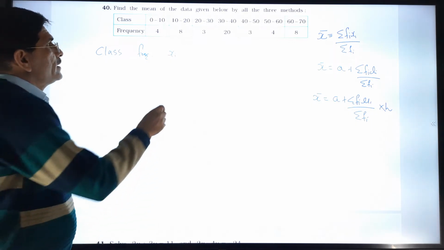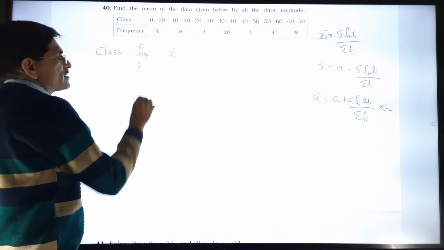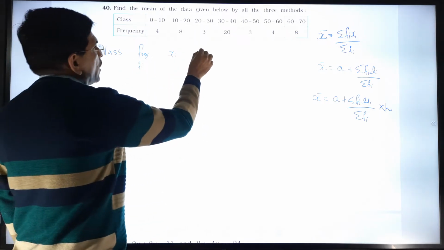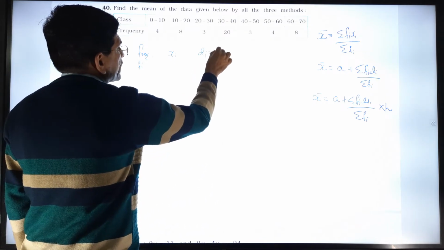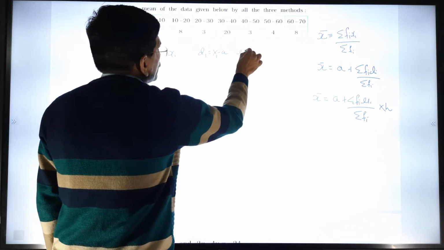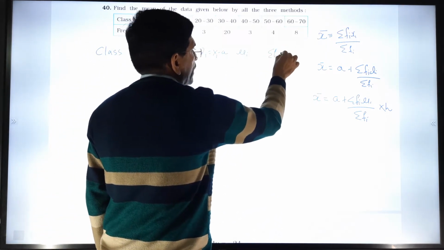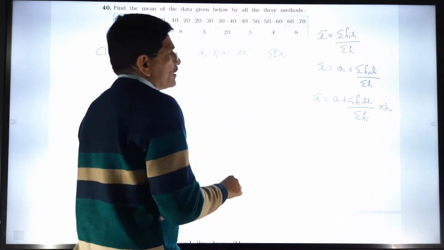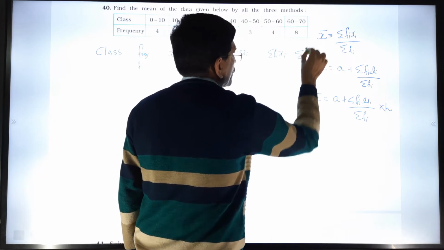Afterward what do we have to write? Here fi, we can say fi xi. Now we have to write di. Di means xi minus a, and then I have to write ui. Then we have to write sigma fi xi, then sigma fi ui.